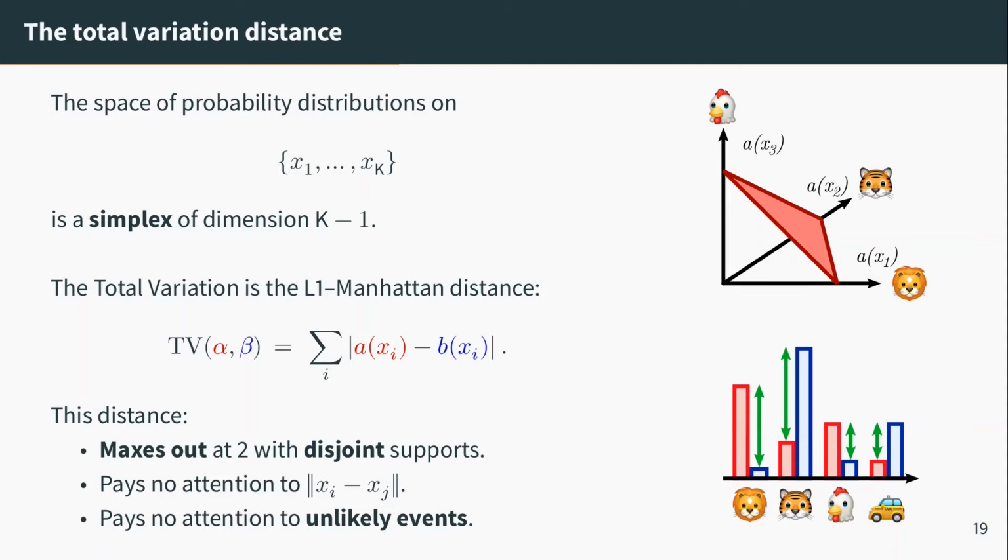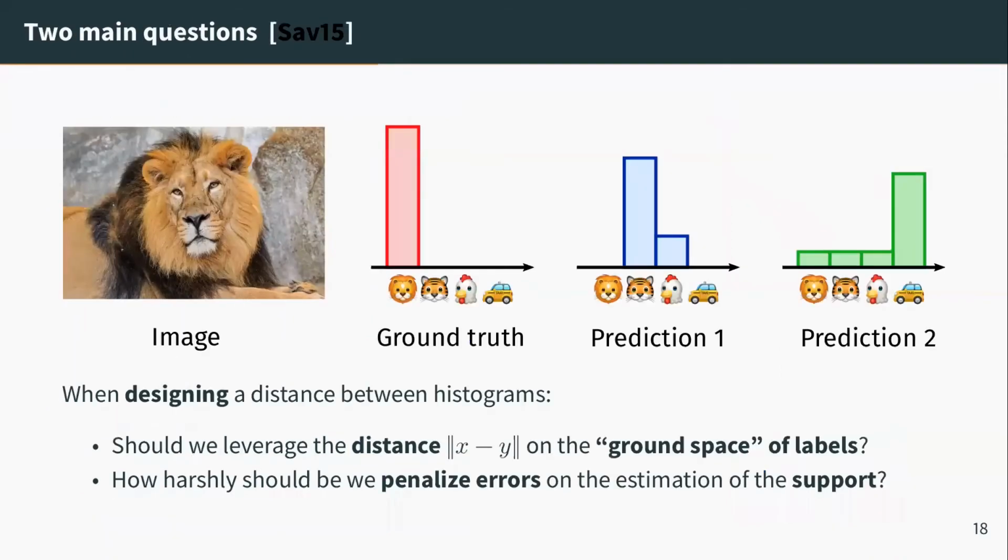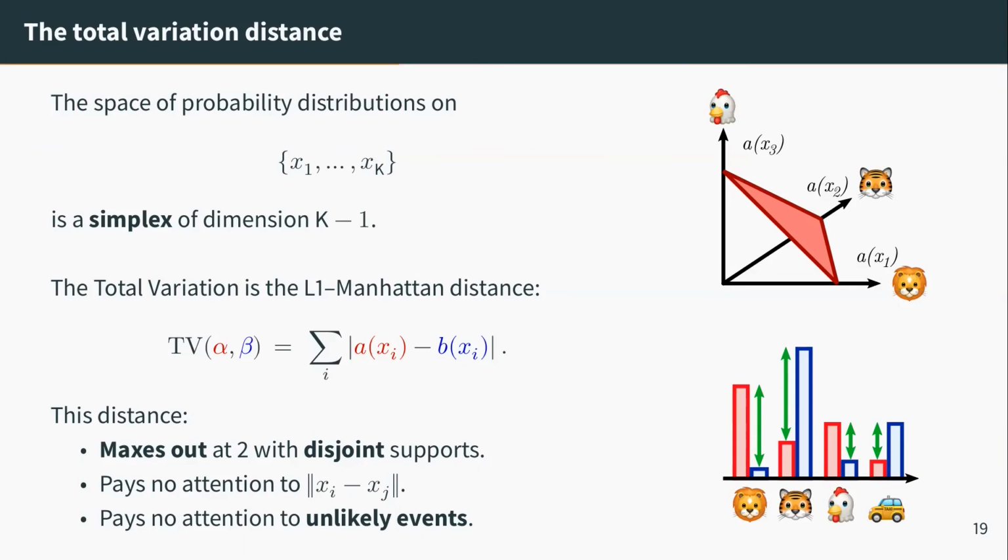So good. Now, as far as my two main criteria are concerned, this formula pays zero attention to the structure of the space of labels. I did not use the fact that tigers and lions are closer to each other than they are to chicken. So it pays no attention to the ground metric.